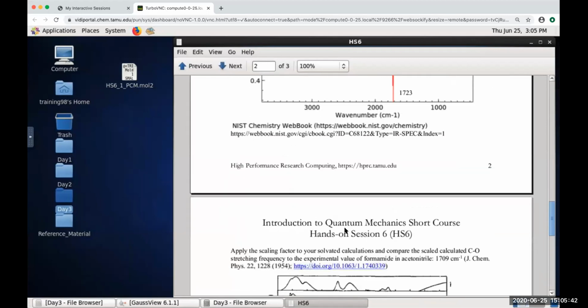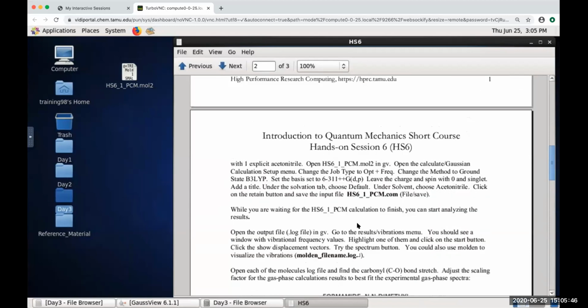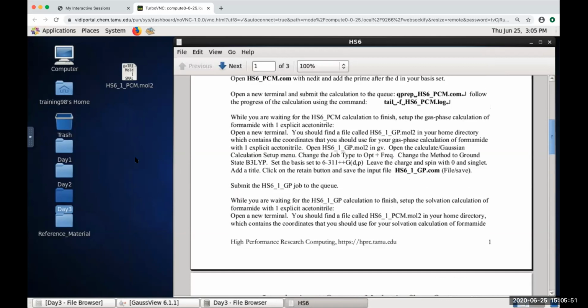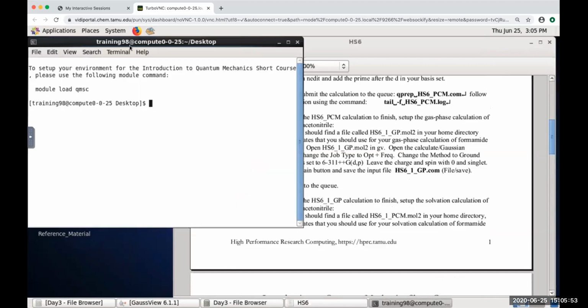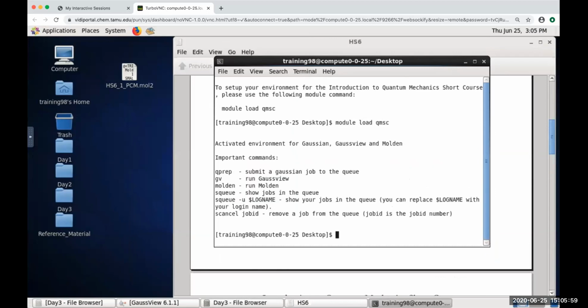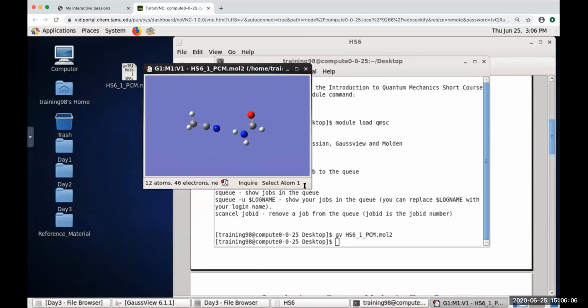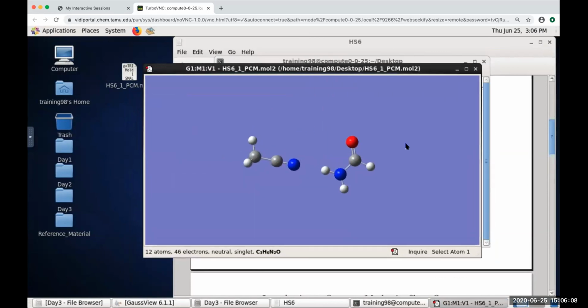Okay. So these calculations are just to give you a feel for the effect that solvation can have on your results. Let me just show you this real quick. So I want you to notice a couple of things.